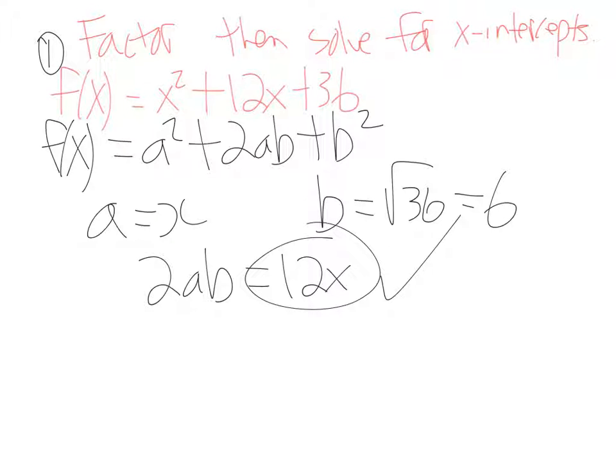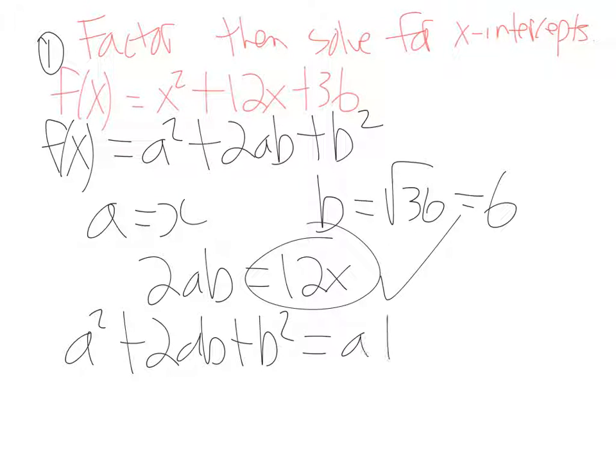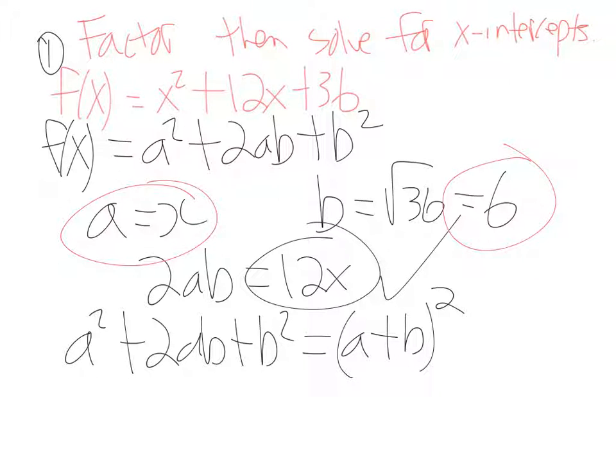So now the solution to that is, we know a squared plus 2ab plus b squared equals a plus b squared. So in our case, we know that a is x and b is 6. So it's just going to be x plus 6 all squared.